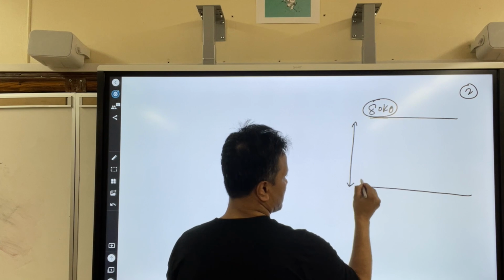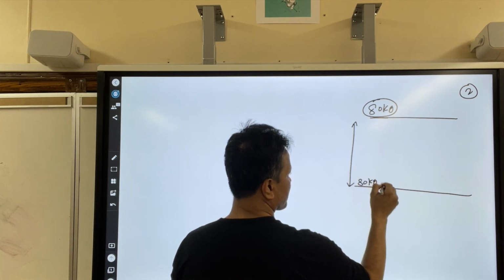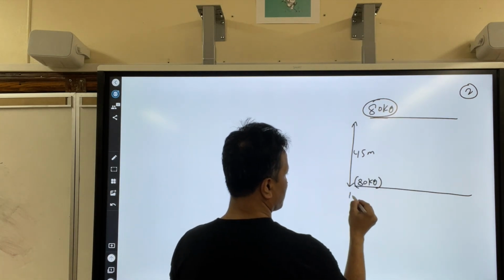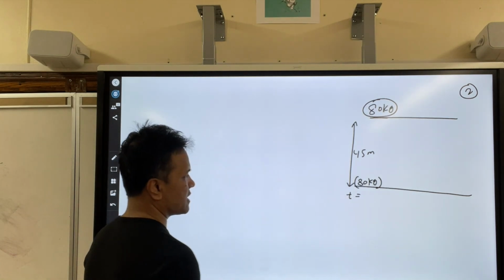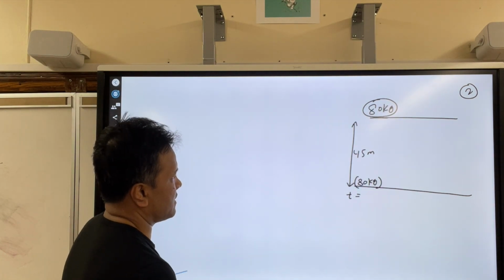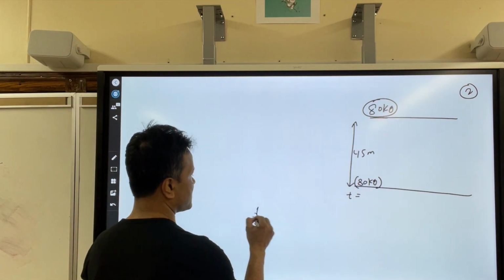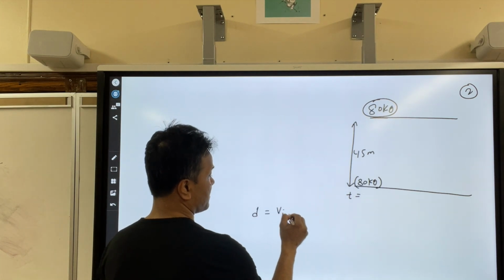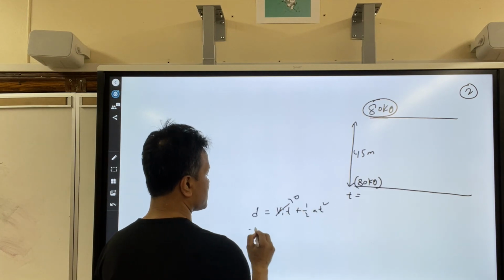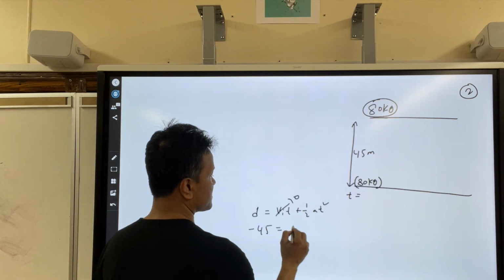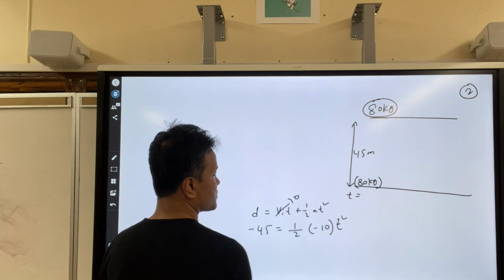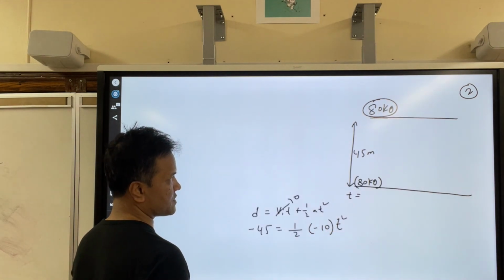I want to find the impact time. To find the time, you can find it many ways. One way: d is equal to vit plus half at squared. So this is 0, this is negative 45, this is half negative 10 t squared. So time is 3 seconds.